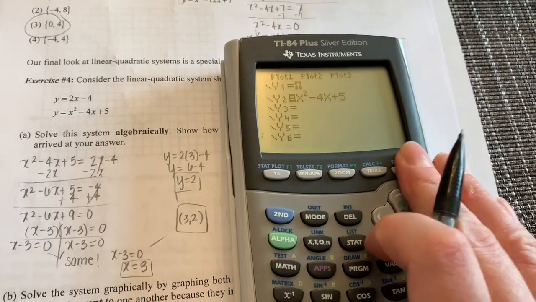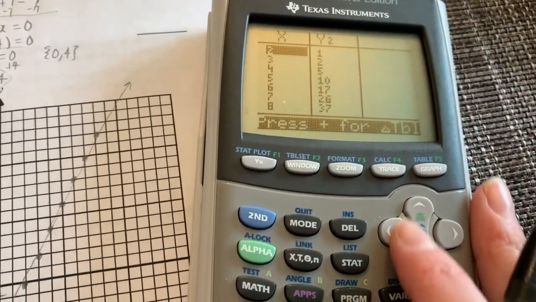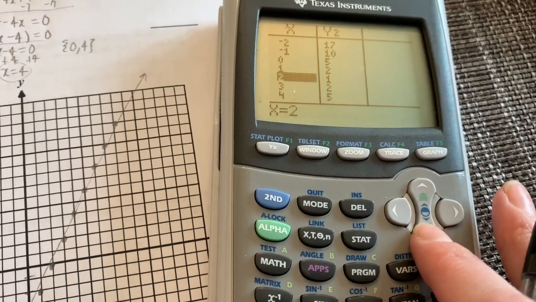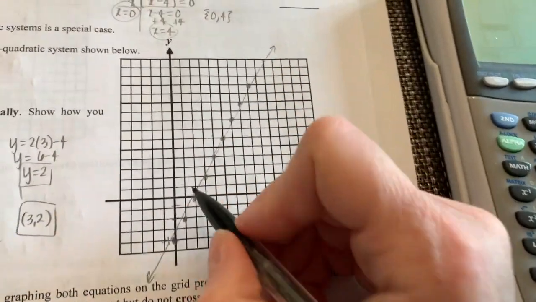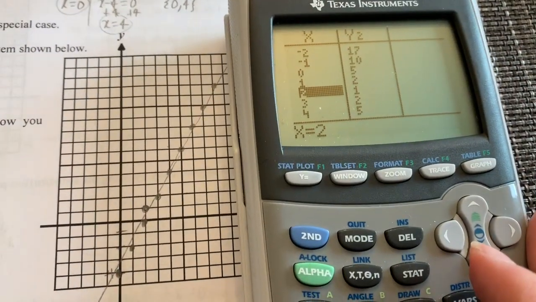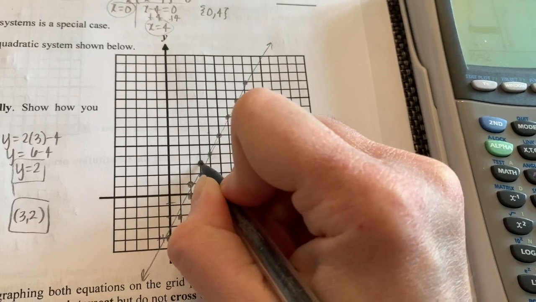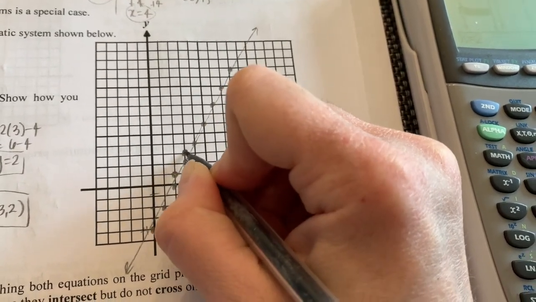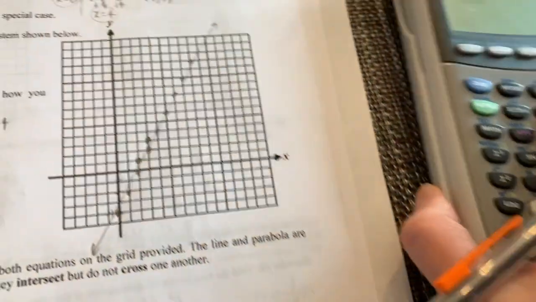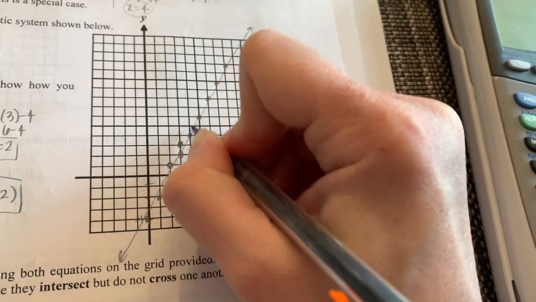Let's see if we can find our turning point. The turning point is (2, 1). Then we have (3, 2) here. As you can see, that's supposed to be right where our intersection is. Then (4, 5).